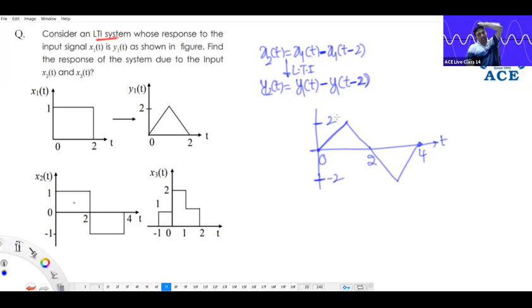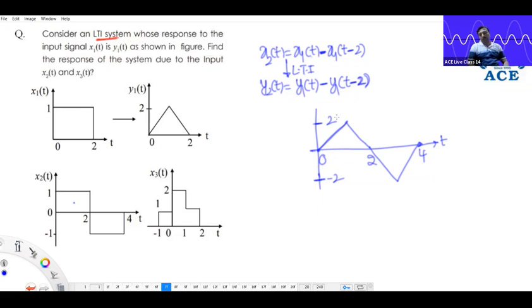For an LTI system, whatever happens to the input, the same thing happens to the output. Input signals added means output signals are also added. Input signals shifted means output signals are also shifted.